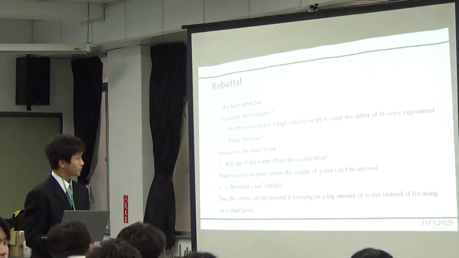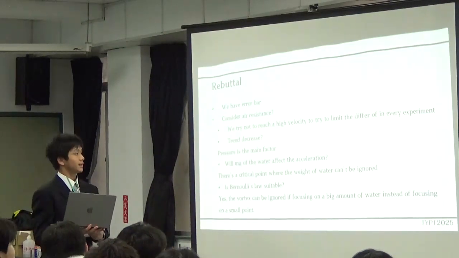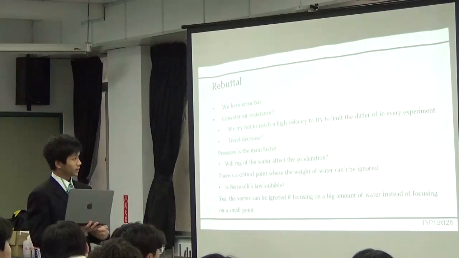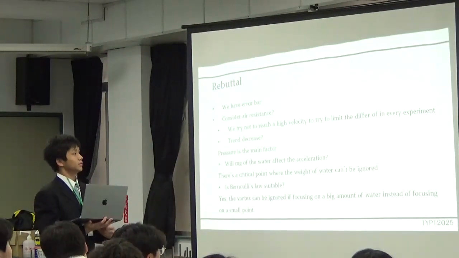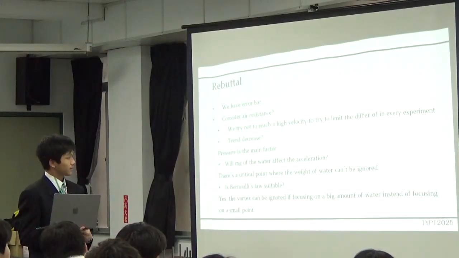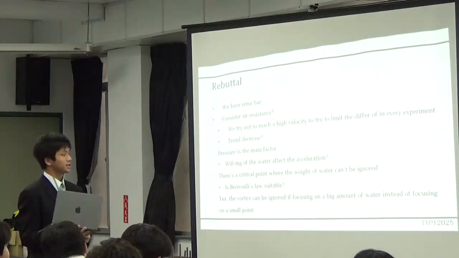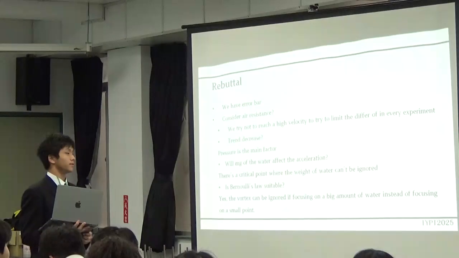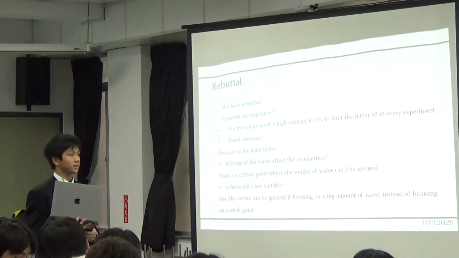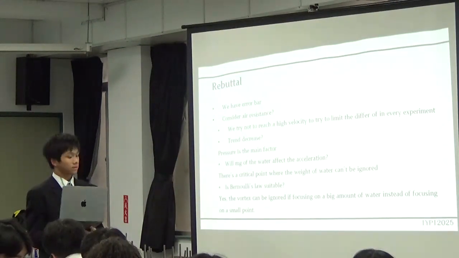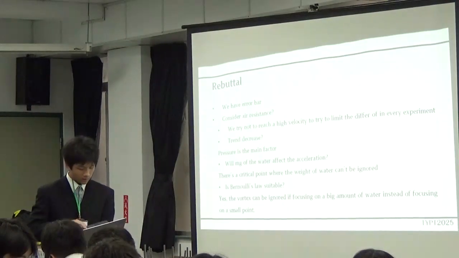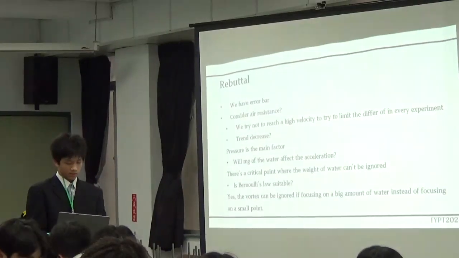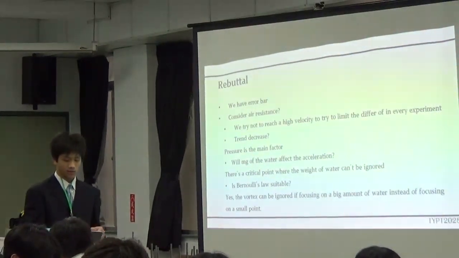And for that, I think the pressure is the main factor. So, answering the trend decrease, and is Bernoulli's law suitable? Yes, the vortex can be ignored if focusing on a big amount of water instead of a small one. And for how to reach the max acceleration. Okay, so time is up.